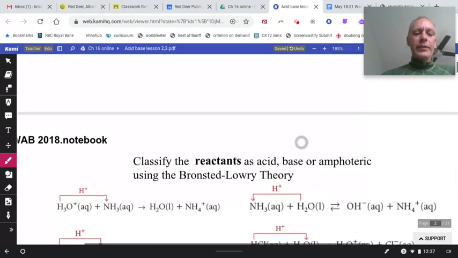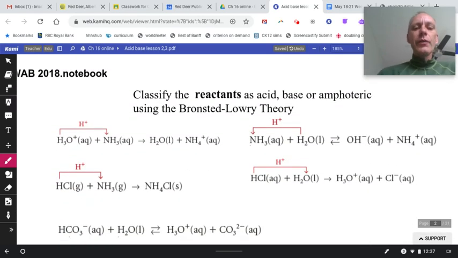All right, so let's dig into this. Using their theory, classify the following reactants as acid, base, or amphoteric. So H3O+ is donating a proton. This kind of looks a little bit like redox, but instead of an electron, we're keeping track of a proton. So H3O+ is donating a proton, which would make it an acid.